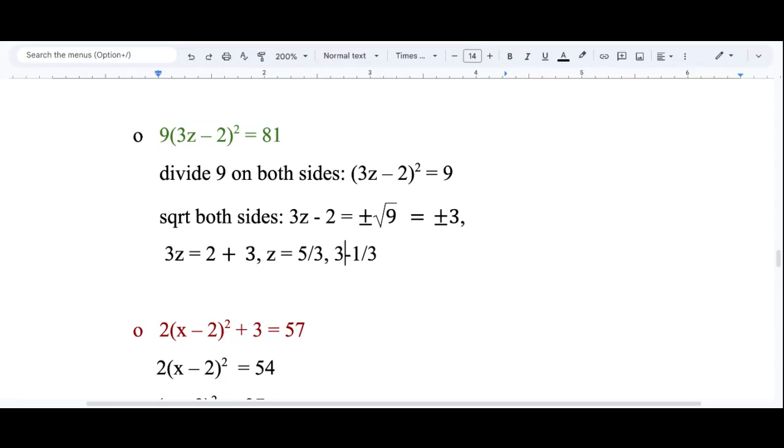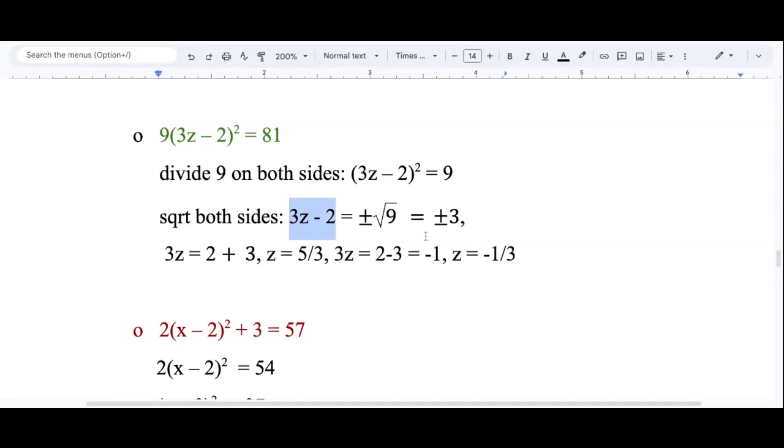Another situation is 3z equals 2 minus 3, which is negative 1. Then z equals negative 1 over 3.